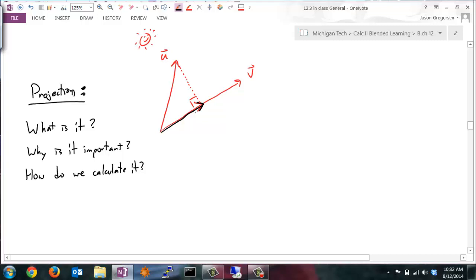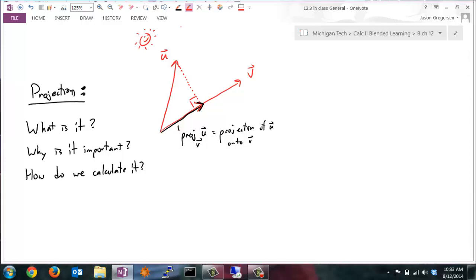That vector is called the projection of u onto v. That's what the projection is. It's that shadow.